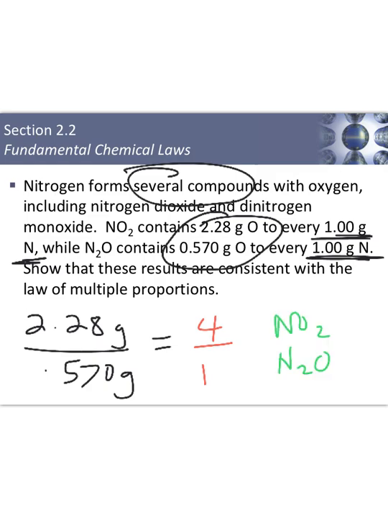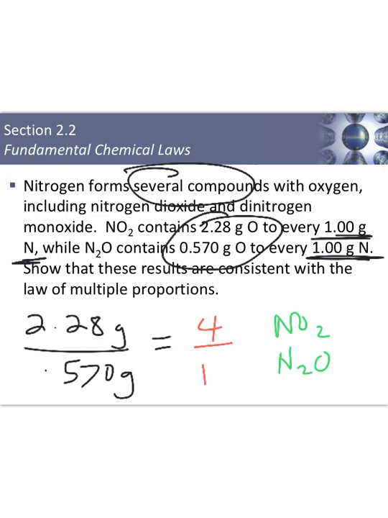When we compared carbon monoxide and carbon dioxide, each one of those molecules had just 1 carbon, and then we could really easily see that carbon dioxide had twice the mass of carbon monoxide in terms of its oxygen atoms. That's a little bit harder to see here because we have different numbers of nitrogen atoms in our two formulas.